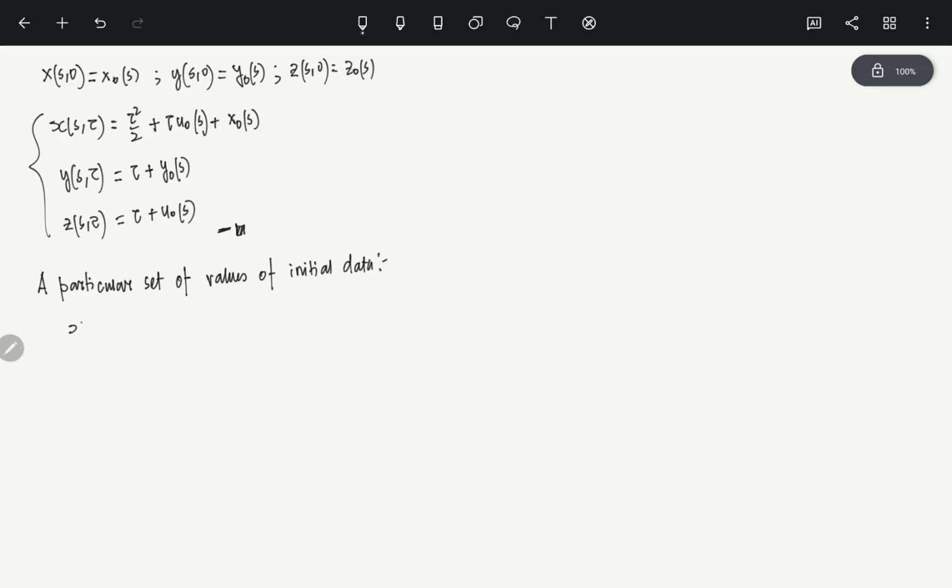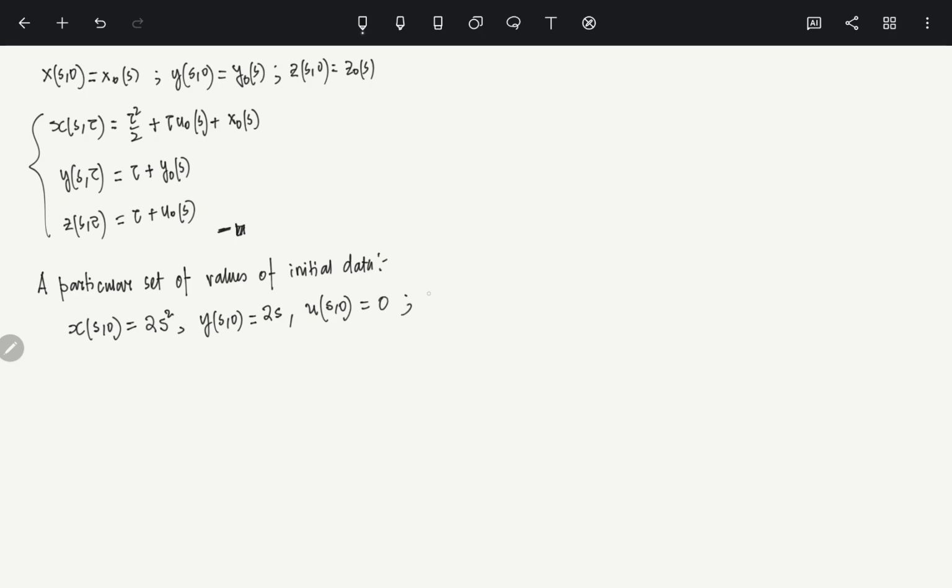So let's say x at the point s0 is nothing but 2s square. Okay, and y at the point s0 is nothing but 2s, and u at the point s0 is 0. So basically t equals 0 is where the integral curve starts. Clear?